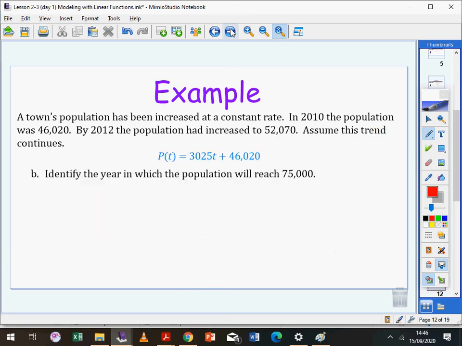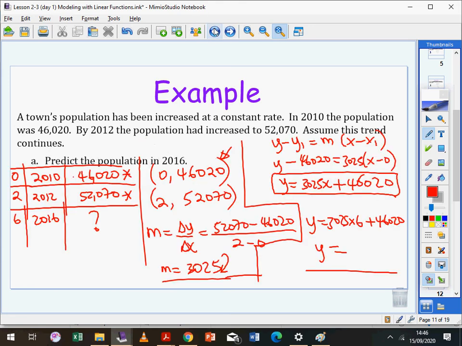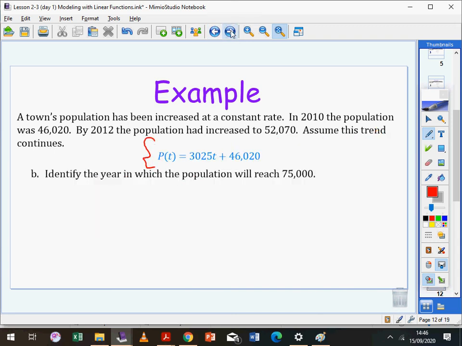Alright, so again, identify the year in which the population will reach 75,000. So this is the equation we got from the previous screen. That was our equation. So the population is the output.